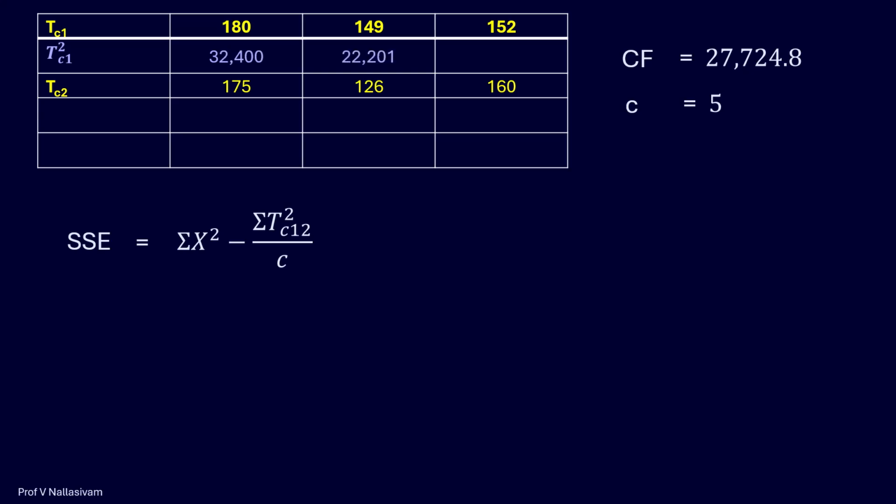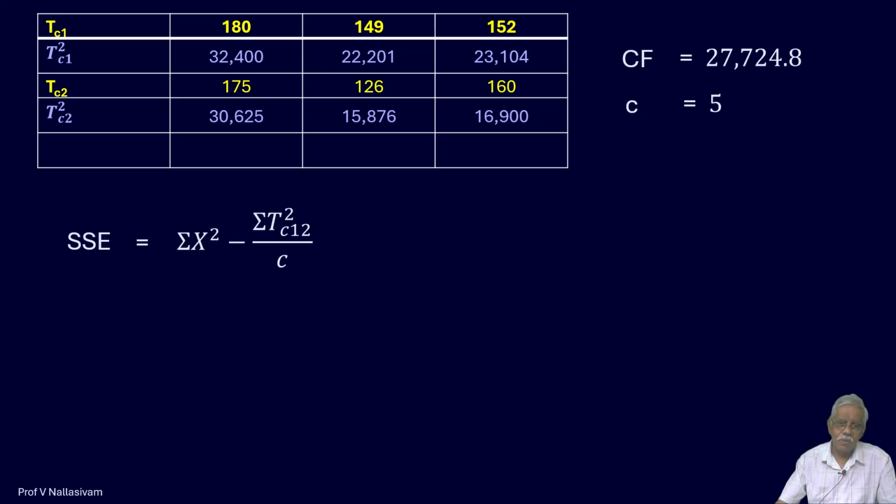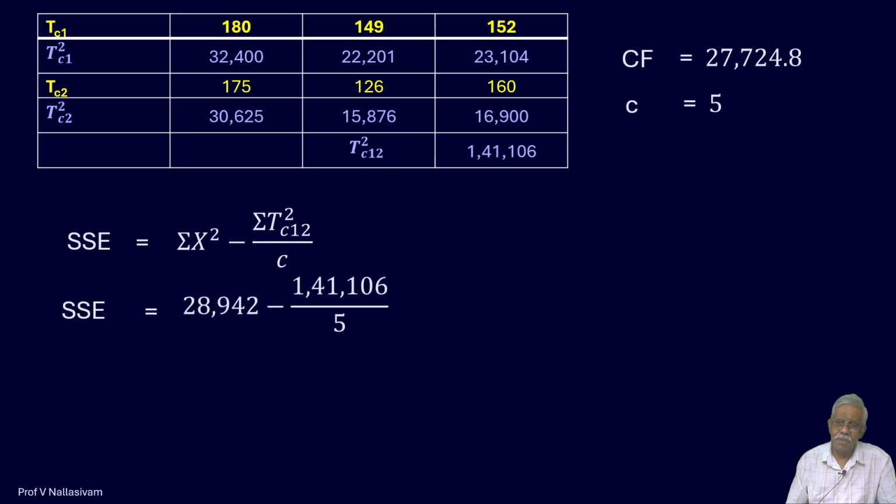TC1 square 32,400, 22,201, 23,104. TC2 square 30,625, 15,876, 16,900. Arrive at the grand total TC1 C2 square 1,41,106. Substitute the values in the equation and simplify.